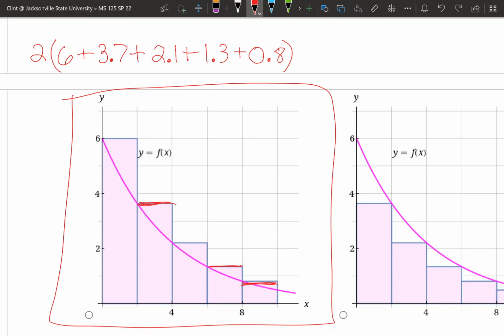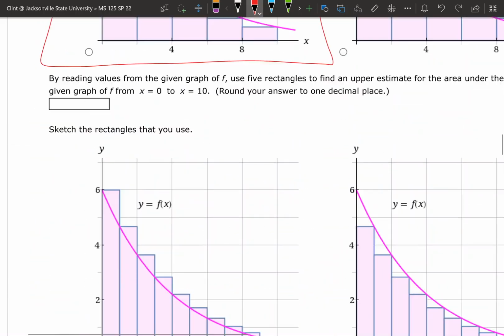Okay. And if we add those up, 13.9. And let's see, times 2, 27.8. That's this part.